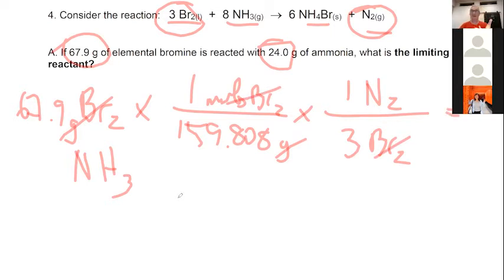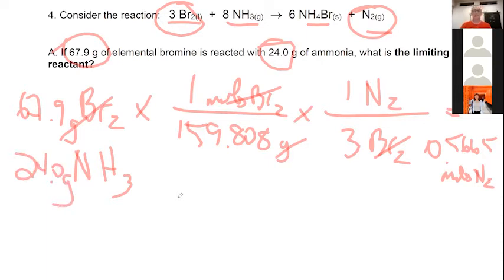So I just need to calculate moles of nitrogen. And the moles of nitrogen that I would make is 0.5665. And I don't need to round anything yet. I just want to see what number is bigger. So next I go to ammonia, and I got 24 grams of ammonia.